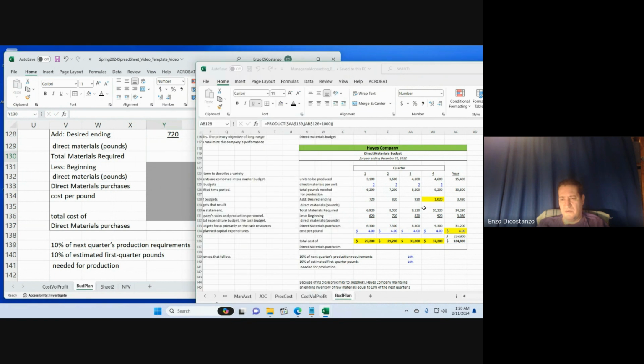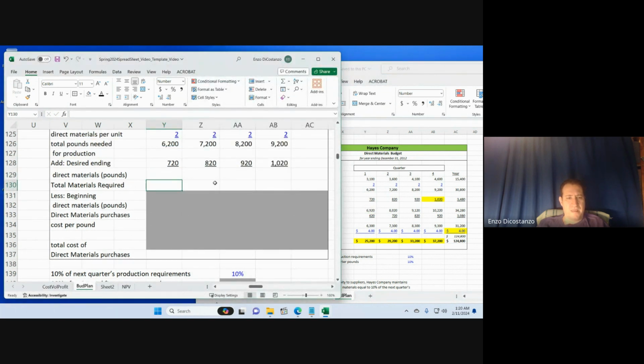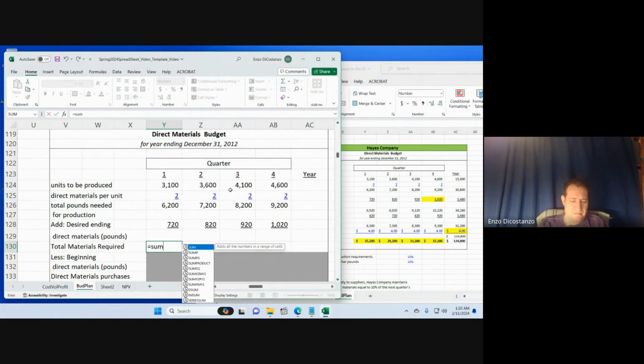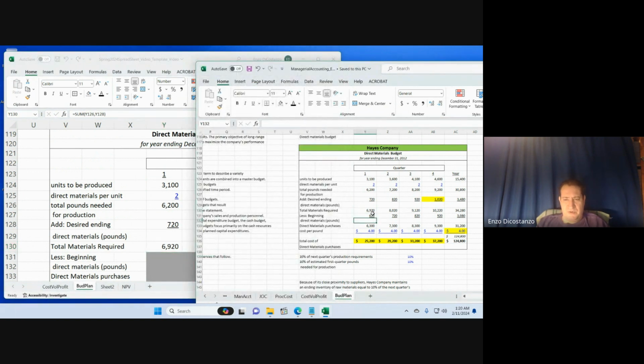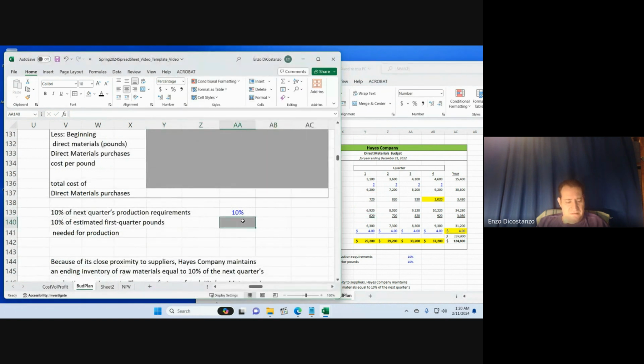Materials required. So you're going to add up what you need for production, and then what you want to end with. And then what you're going to start with is your pounds needed for production. All right.